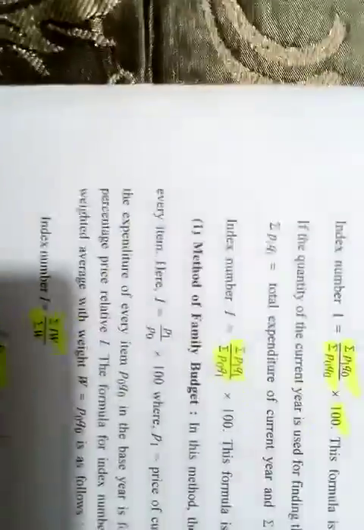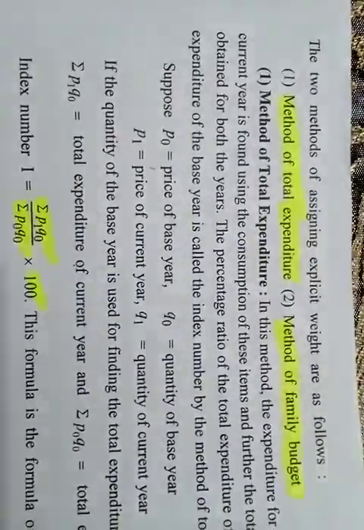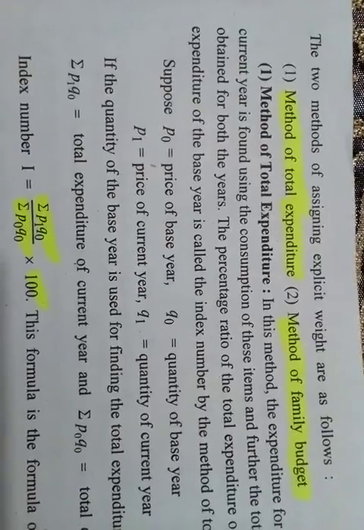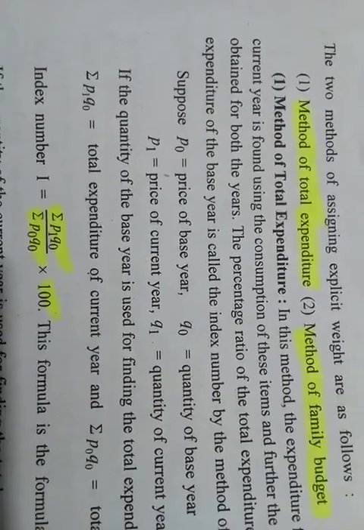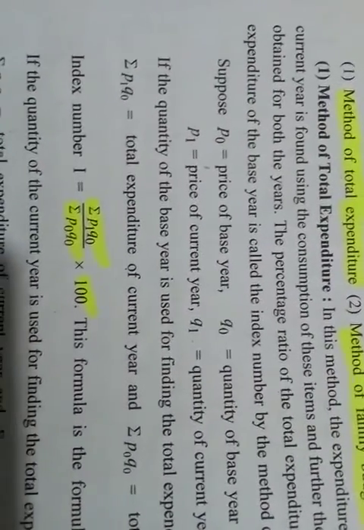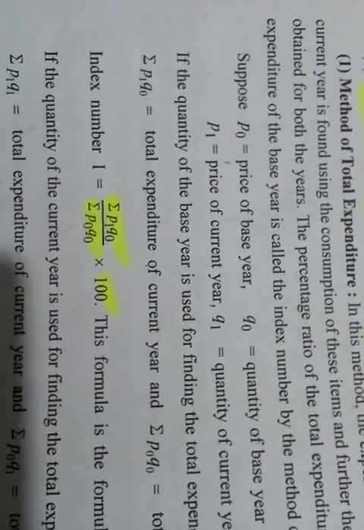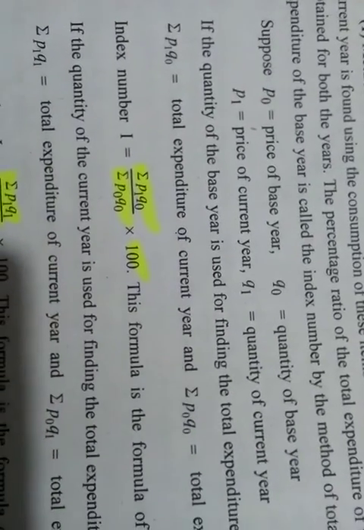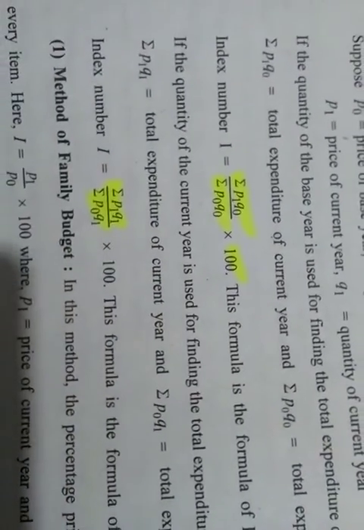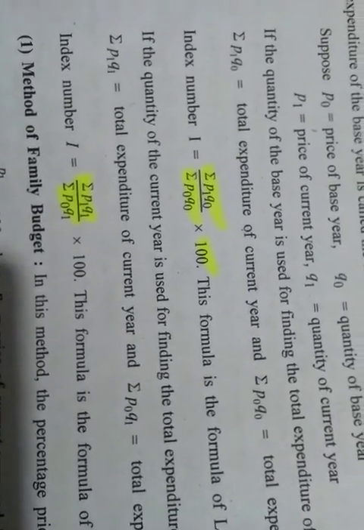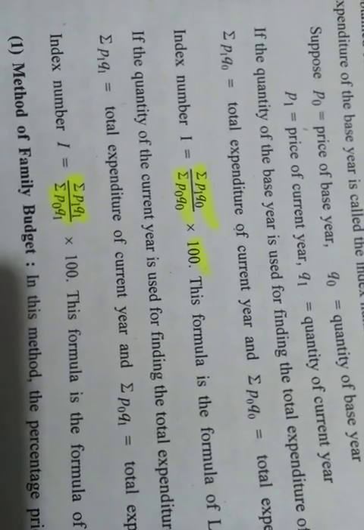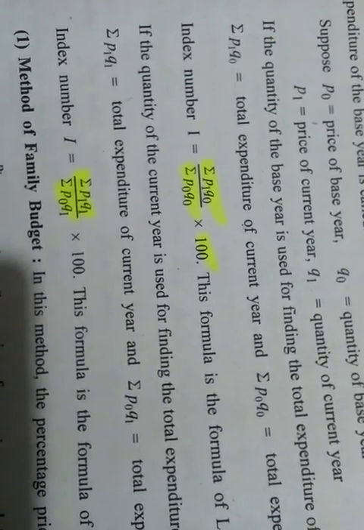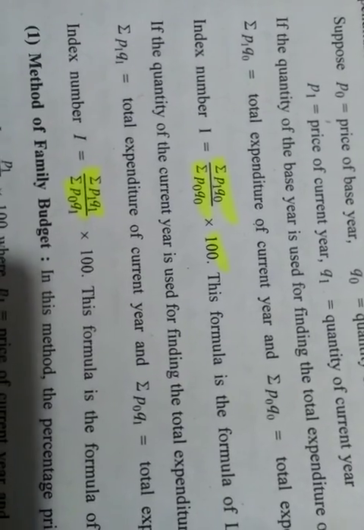Now there are two methods of assigning explicit weight. One is the method of total expenditure, and the other is the method of family budget. The method of total expenditure is just the same as Laspeyres' formula or Paasche's formula. Which base year quantity or current year quantity we are taking is important, and accordingly the formula will differ.